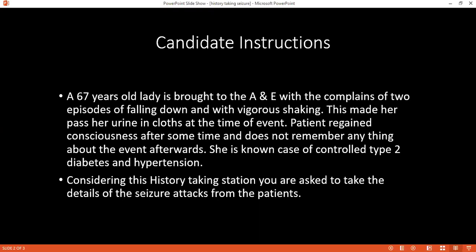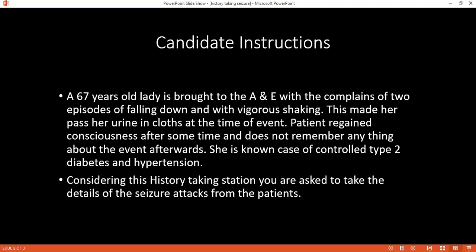She had the aura before the seizure, and the seizure was focal in nature. She stated that she had shaking of the right hand, right arm only, and also tongue bite. After that she also had some drowsiness and confusion.